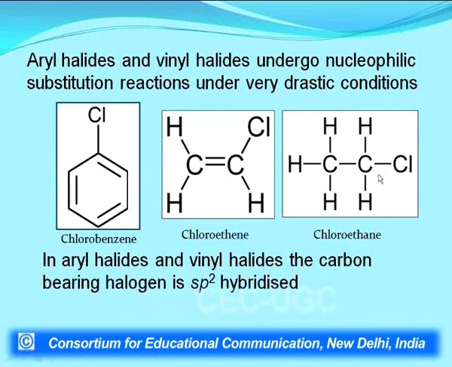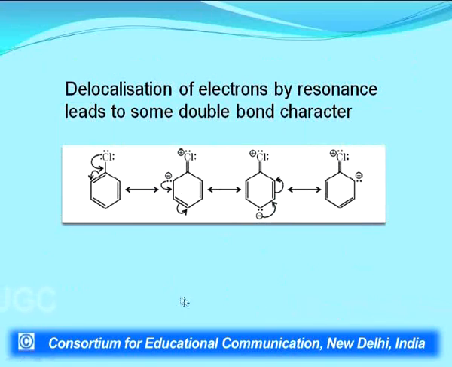And we have studied till now that it is easy to replace the halogen in alkyl halides, but it is difficult to replace the halogens in aryl halides and vinyl halides. The second factor that we will discuss is for aryl halides mainly; the same thing is true for vinyl halides also.